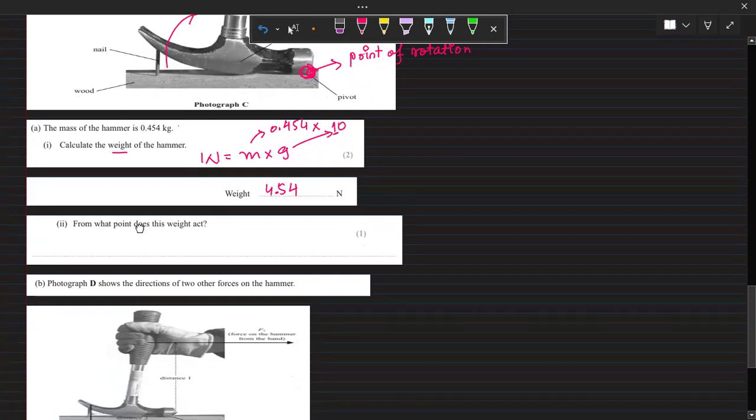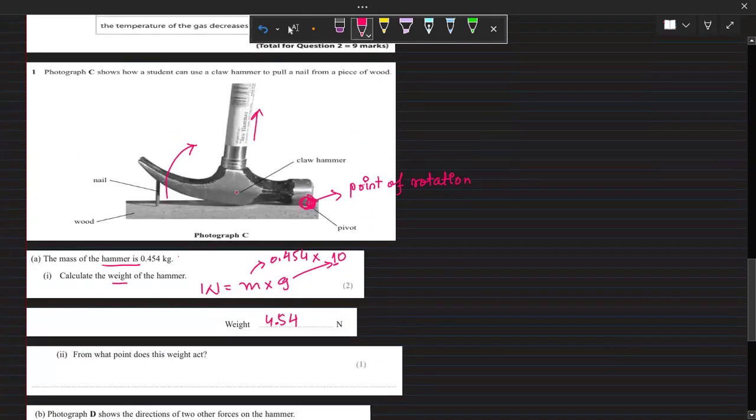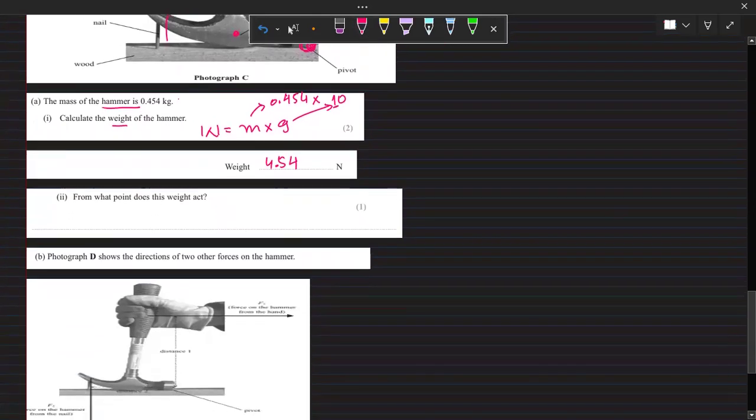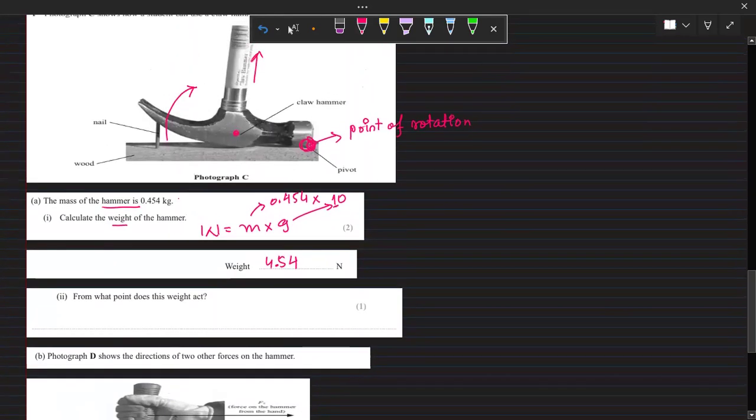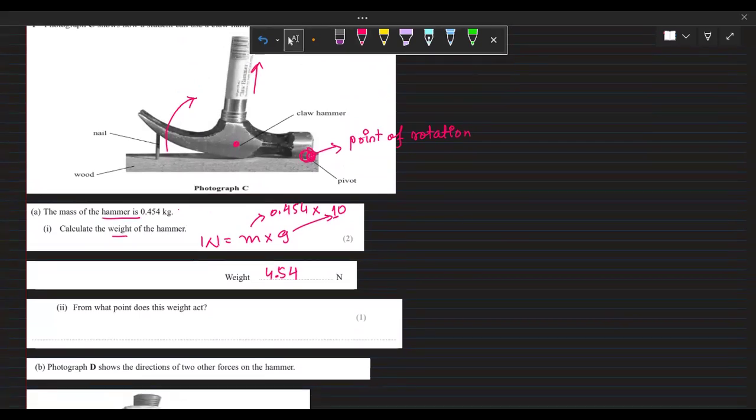Now, from what point does this weight act? So this weight of the hammer is there, right? Where is the weight going to act? Now look at the figure. You'll be easily able to tell in which direction this weight is acting. I have already marked it.